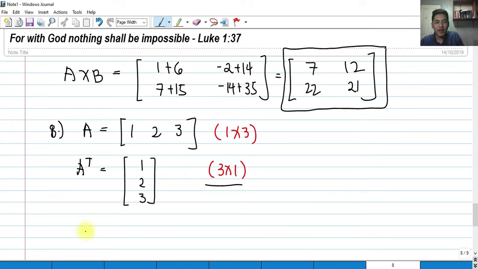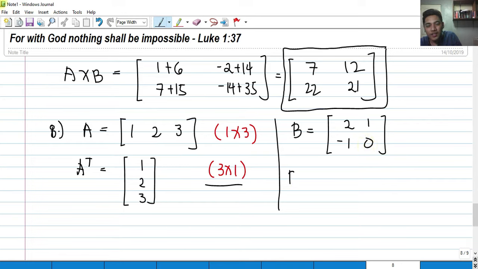So let's try again another transpose problem. So we have 2, 1, -1, 0. If we get the transpose of that, B transpose, let's say, what will happen? We simply interchange the rows and columns such that it becomes 2 and -1.